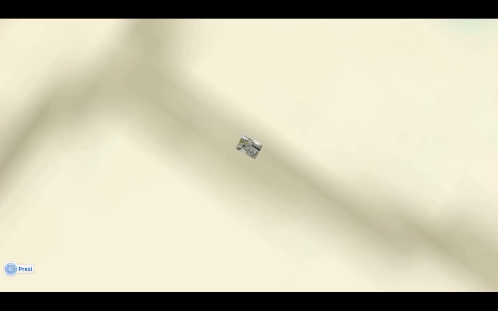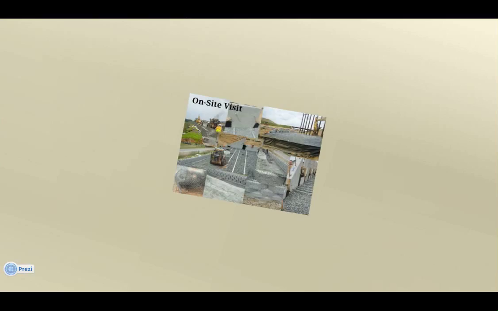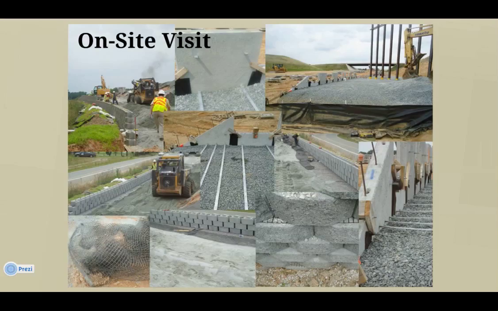So the intent of this project is to provide NCDOT with the tools to inventory and assess their retaining walls so that NCDOT is able to facilitate the timely repair and replacement of retaining walls and prevent wall failure. So in order to do this, the first step our research team went through was to identify wall characteristics.